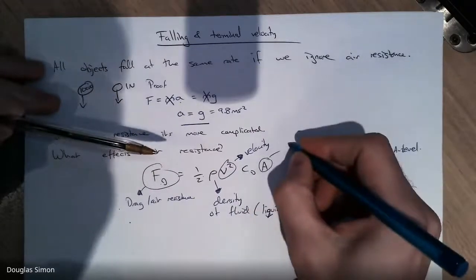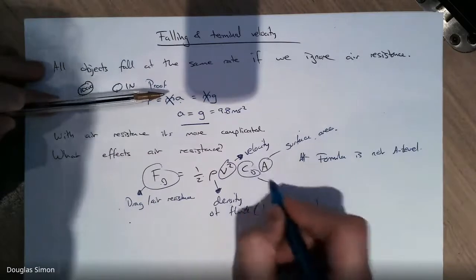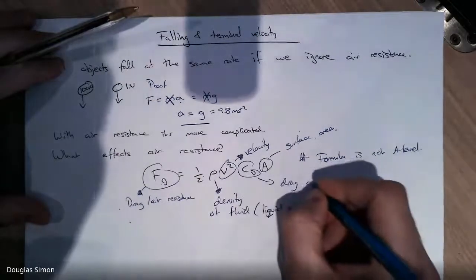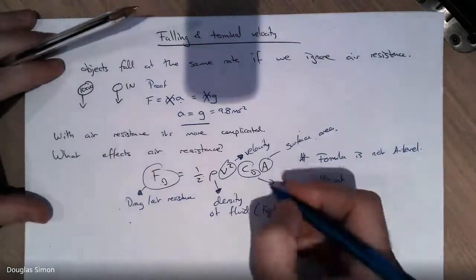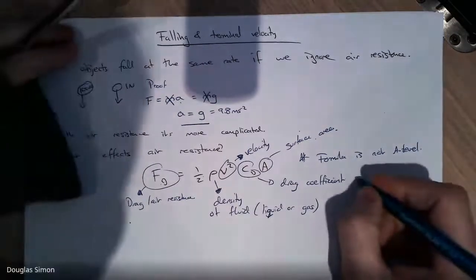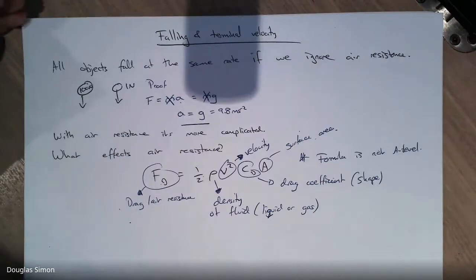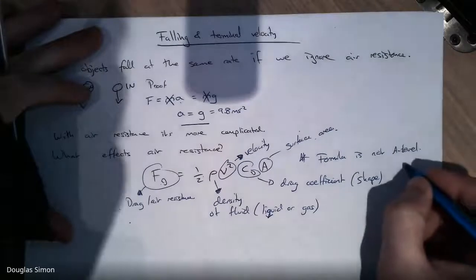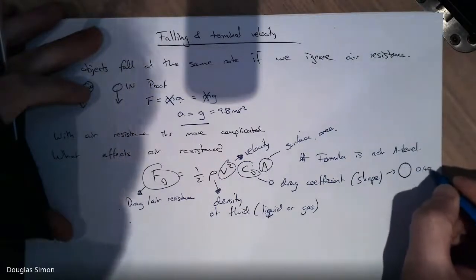A is the surface area, which we all know intuitively. And then CD here is a drag coefficient, which you don't really need to worry too much about, its name or exactly what it means, but it's basically to do with the shape. Okay, and you all know that shape obviously has a massive impact. Something like a sphere will have quite a high drag.